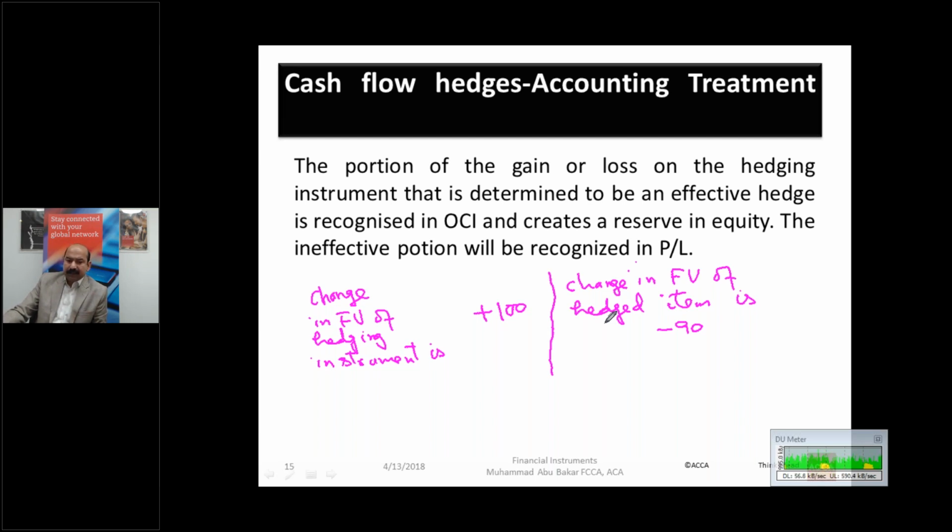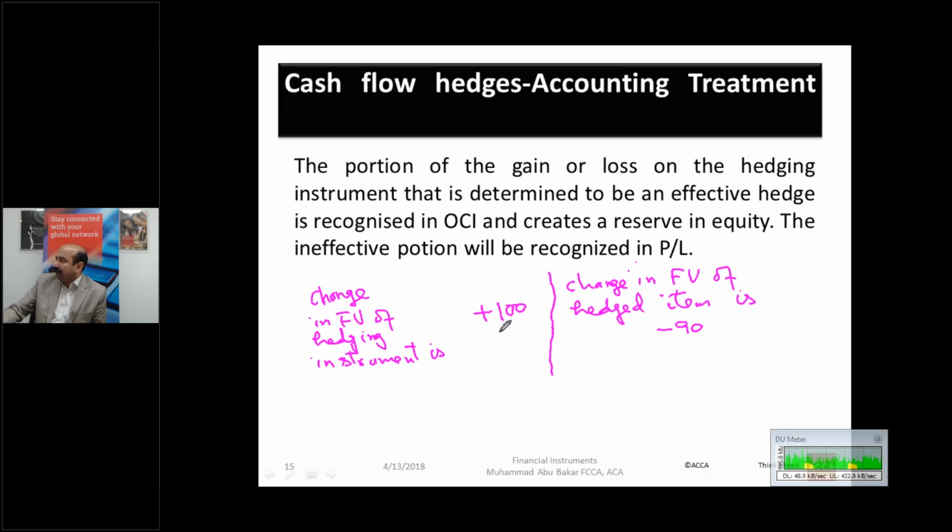In this case, the change in the hedged item is 90, whereas in the hedging instrument it is 100. Okay. Now the effective part of the change in fair value of the hedging instrument is then only 90.